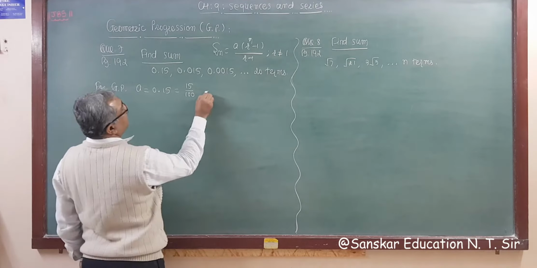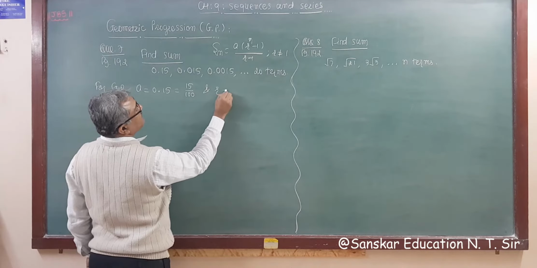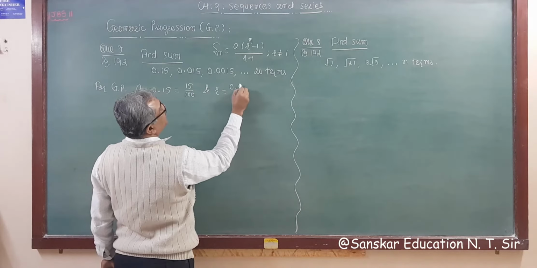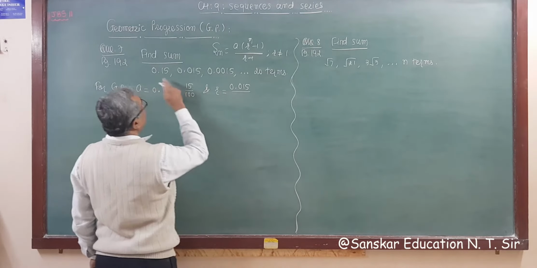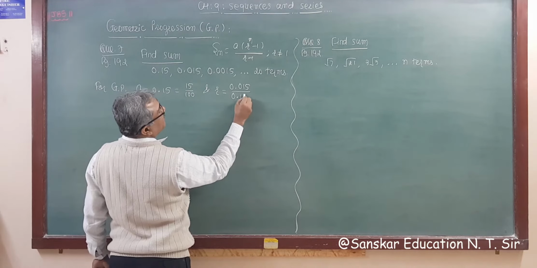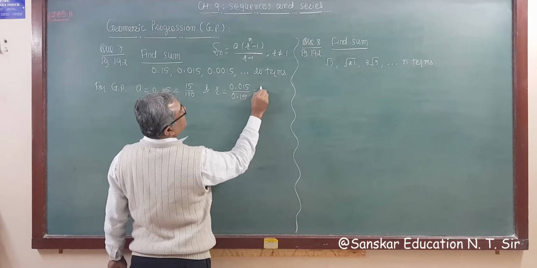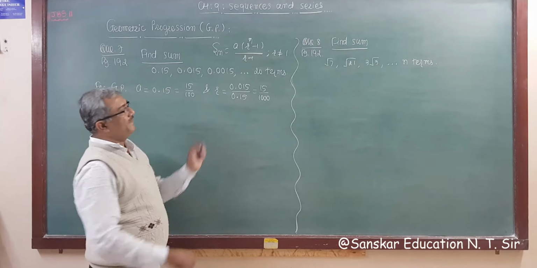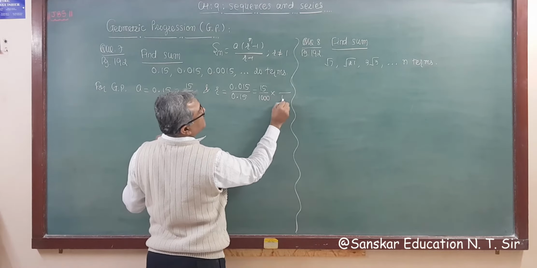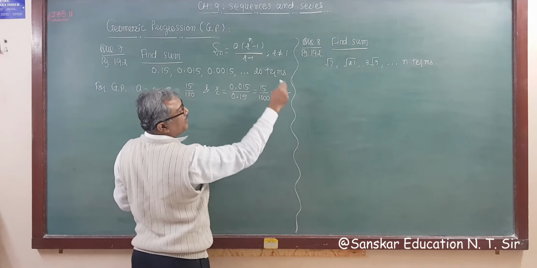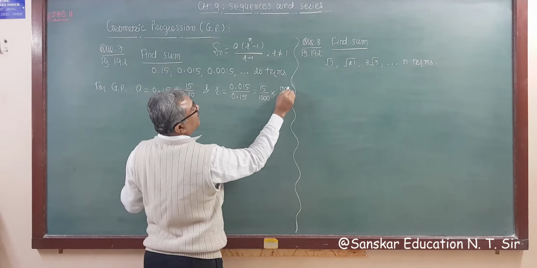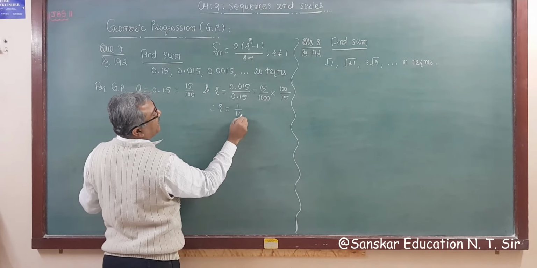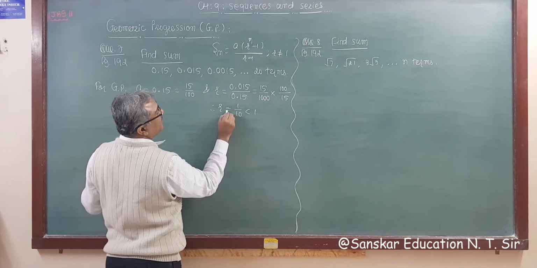And R, the common ratio, is 0.015 upon 0.15, that is 15 by 1000 over 15 upon 100. The denominator goes to the numerator, so 100. So what do we get? R is equal to 1 upon 10, which is less than 1.